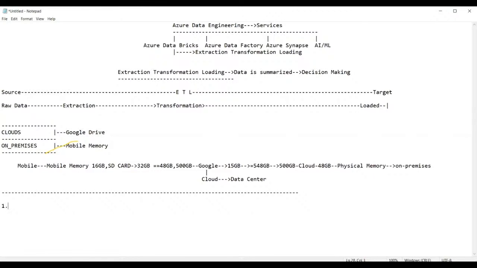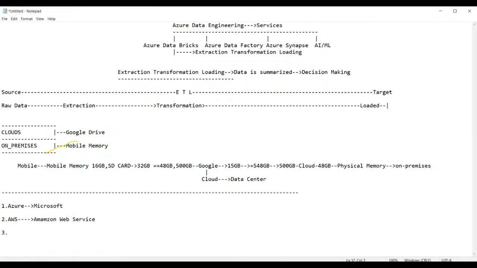The first one is Azure, a cloud provider from Microsoft. Microsoft markets its cloud product under the name Azure. The next provider is Amazon, or AWS, which stands for Amazon Web Services.